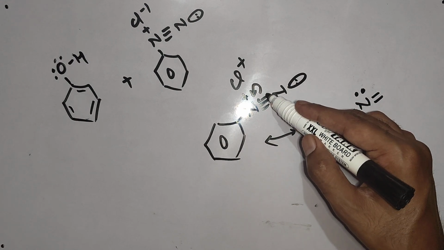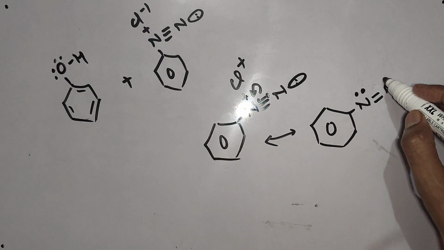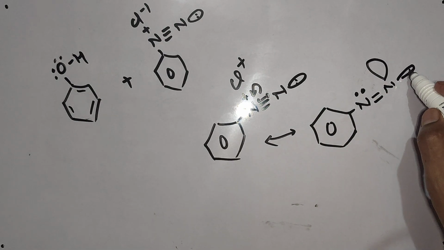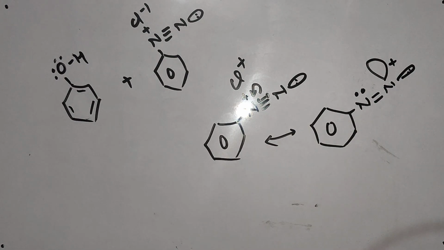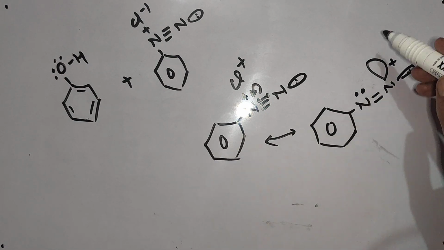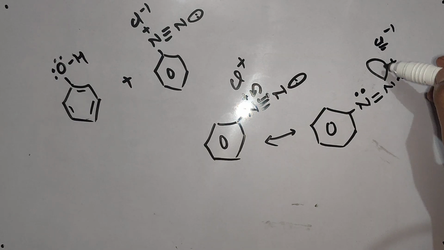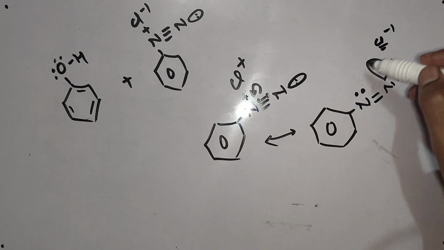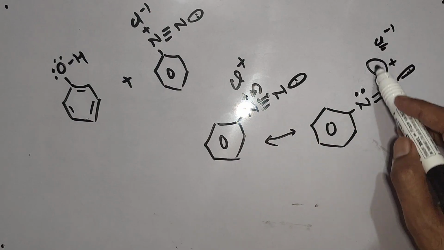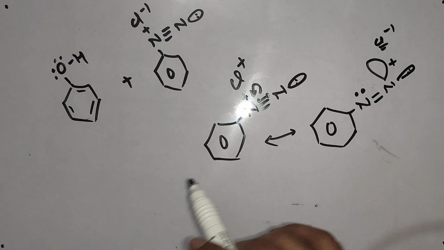Now this nitrogen is losing its electron. This electron was of this nitrogen, it is losing it. So on it, a vacant orbital with a lone pair, a positive charge will develop. This is the resonance of benzene diazonium chloride, and this positive charge will be balanced by Cl negative. Between nitrogen and this Cl negative, we have an ionic bond there, so don't think they are making a proper covalent bond. A vacant orbital will be generated, so it is in this form.